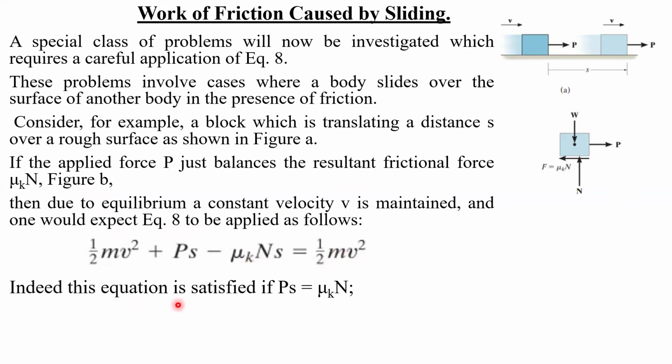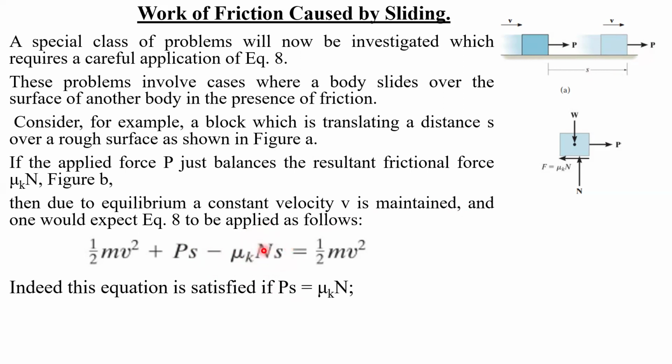So indeed, this equation is satisfied if PS, that is force times distance, this force times this distance, is equal to the kinetic friction. This is friction, this is the coefficient of friction, and K means kinetic coefficient of friction, that is, when the object is moving.